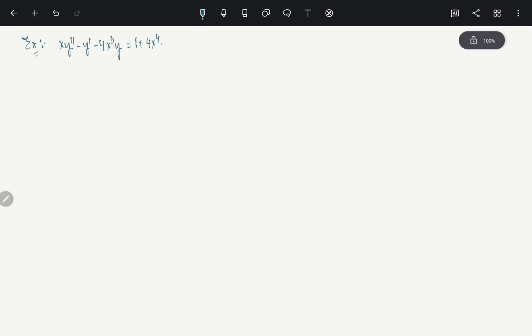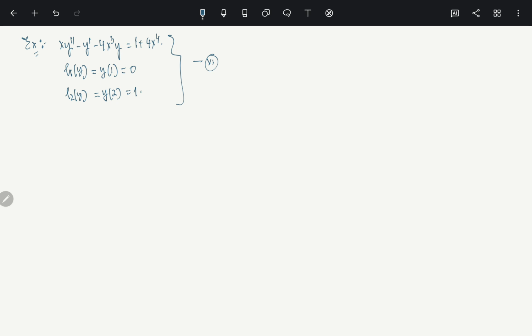What are they? First, L1 of y is given by y at the point 1, and this is 0, let's say. And L2 of y is given by y at the point 2, which is 1. So this is the problem. Let's call it 6.